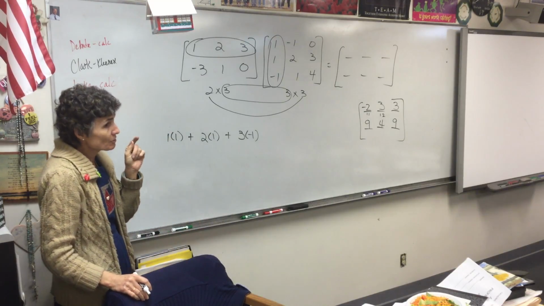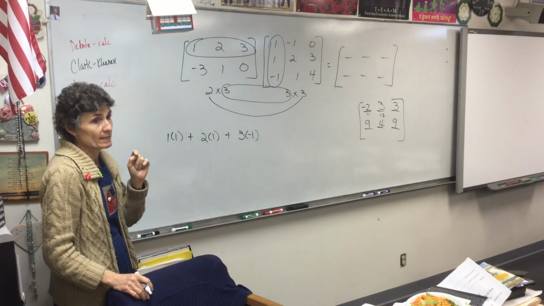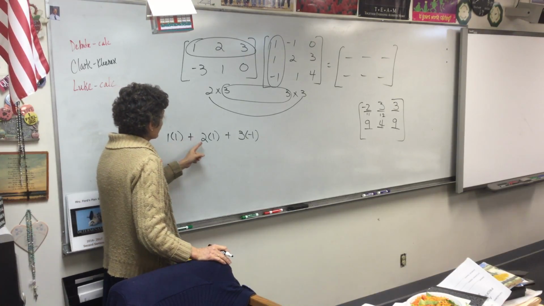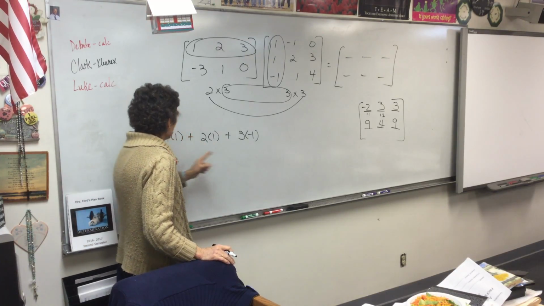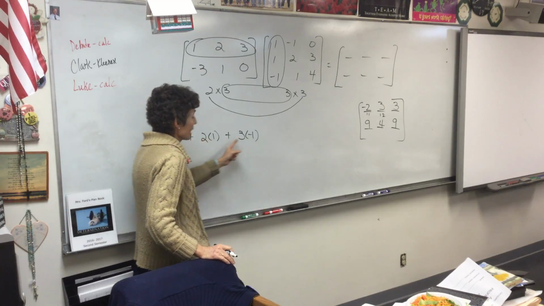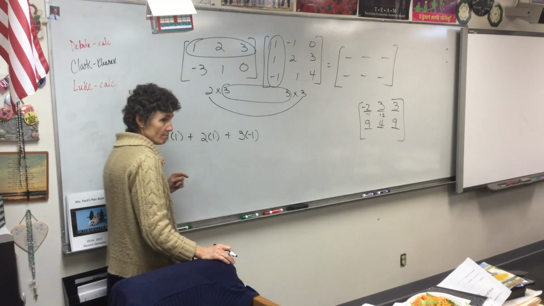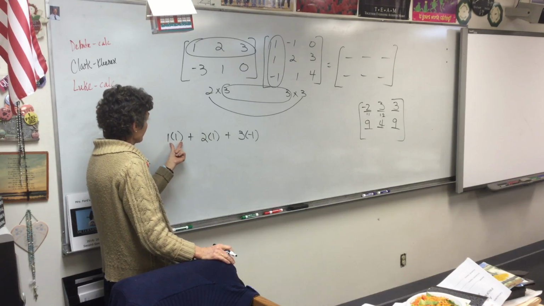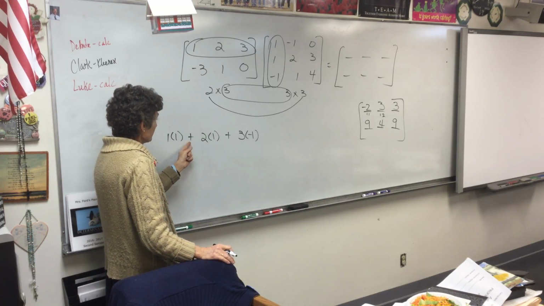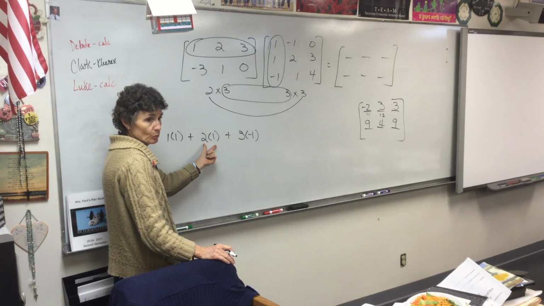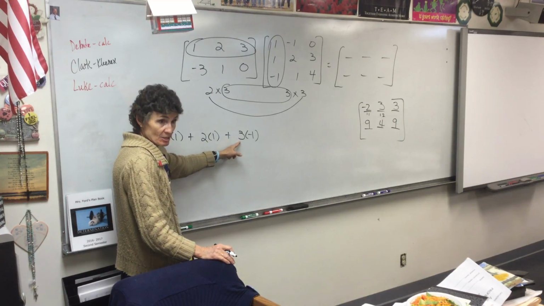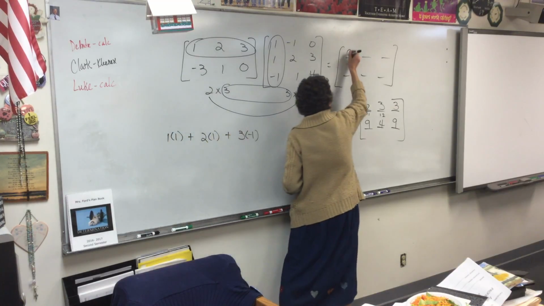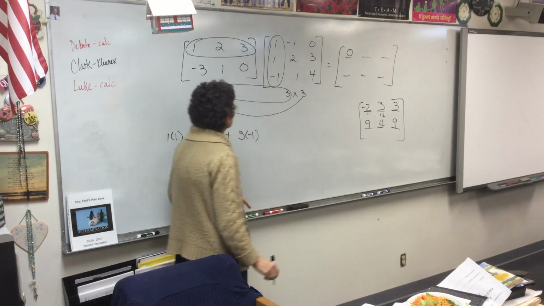And you can do that in your head, but it might be easier to write it down. So I wrote down all the numbers in row 1. And then right next to that, I wrote down all the numbers in column 1. And now I'm going to multiply. So what do I have? 1 plus 2 minus 3, which is 0. That's a 0.